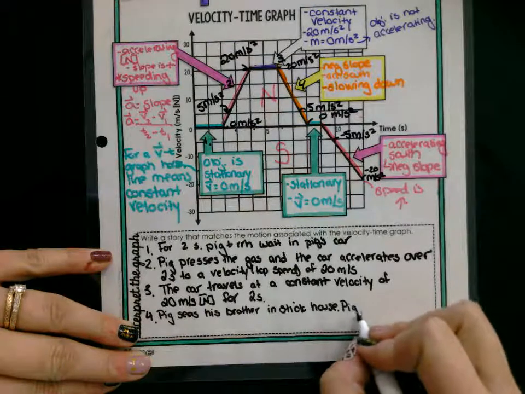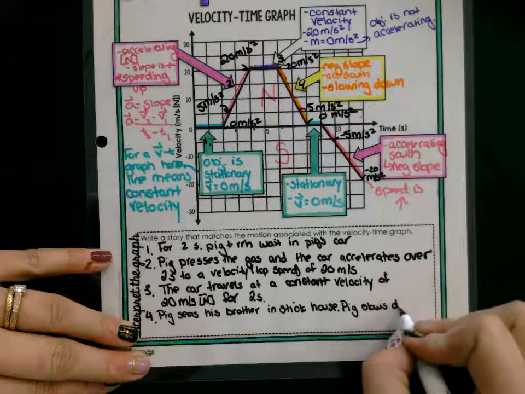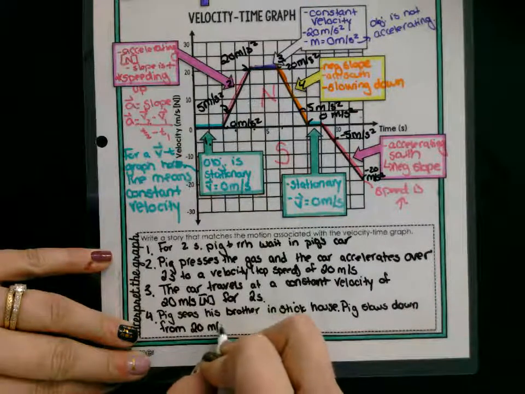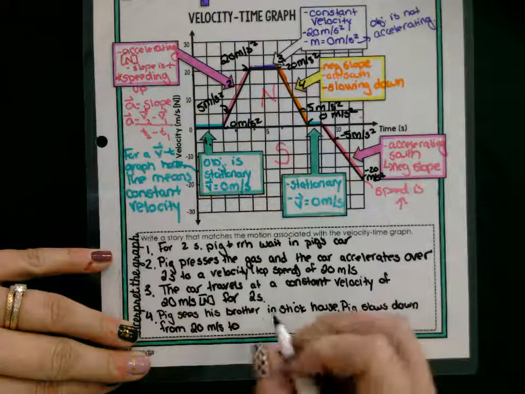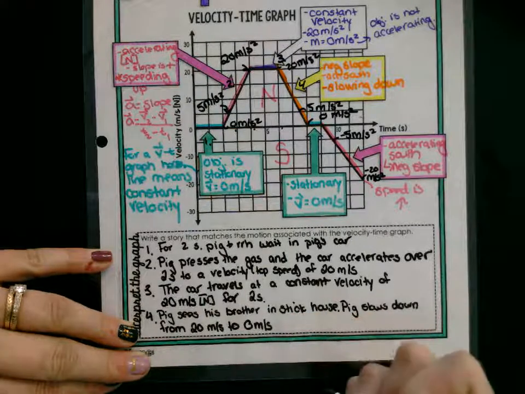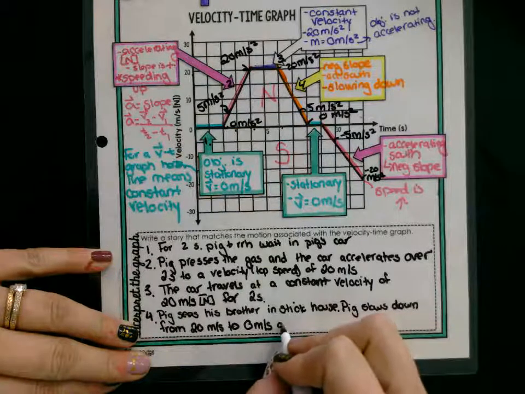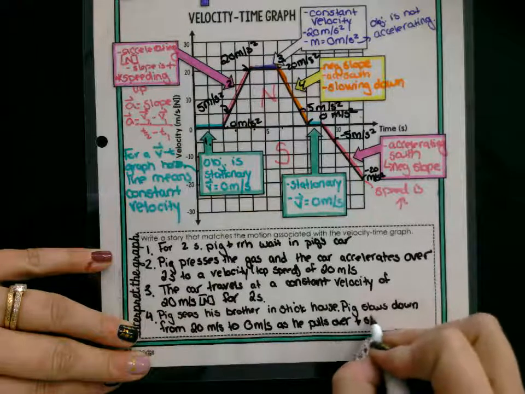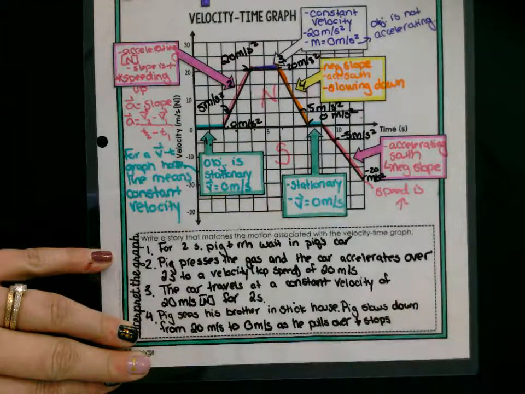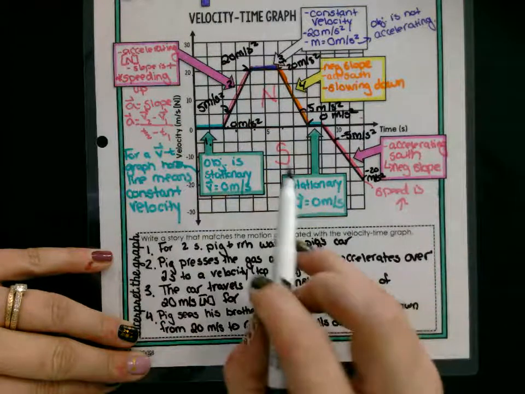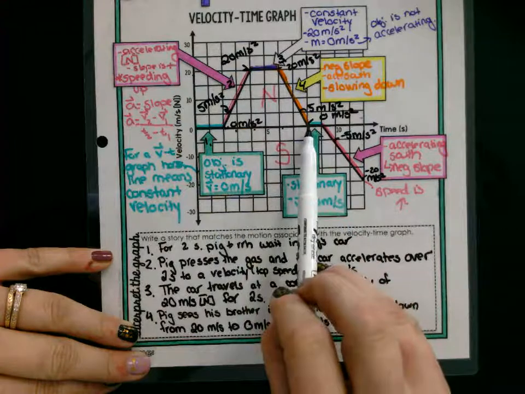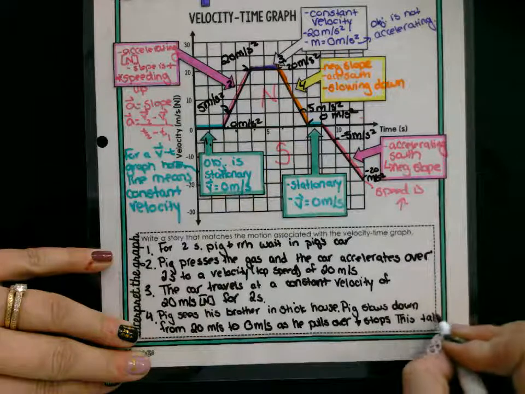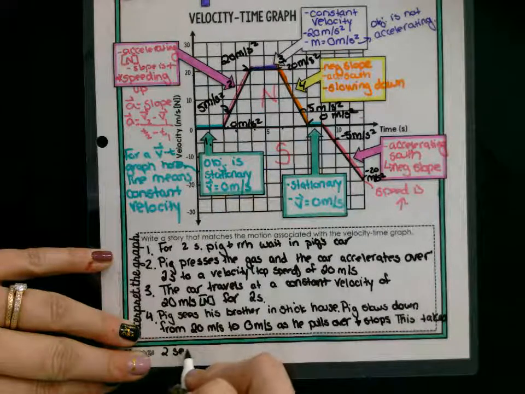So Pig slows down from 20 meters per second to 0 meters per second as he pulls over and stops. How long did it take Pig to reach that stop? 2 seconds. So this takes 2 seconds.